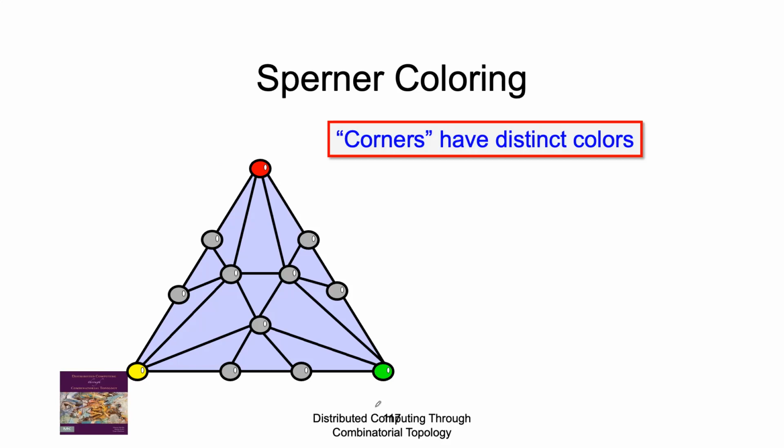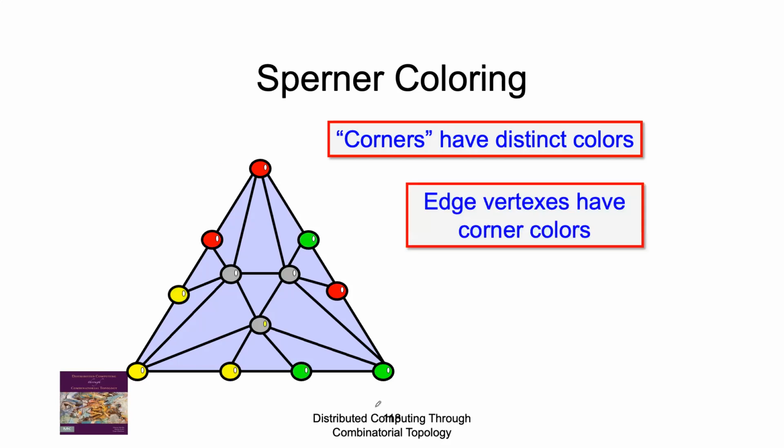Take any face of the original simplex. For example, take one-dimensional faces of the original simplex. You can extend it to any complex. The colors of the vertices in the subdivision of a face should belong to the colors of the corresponding endpoints.